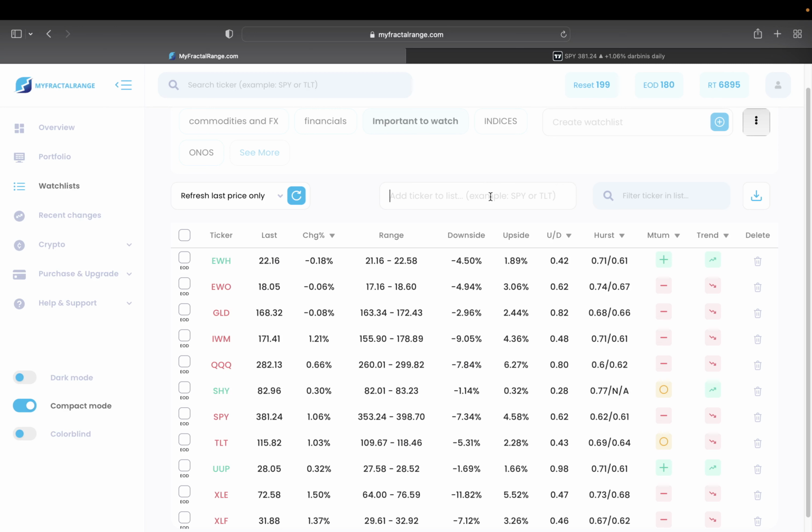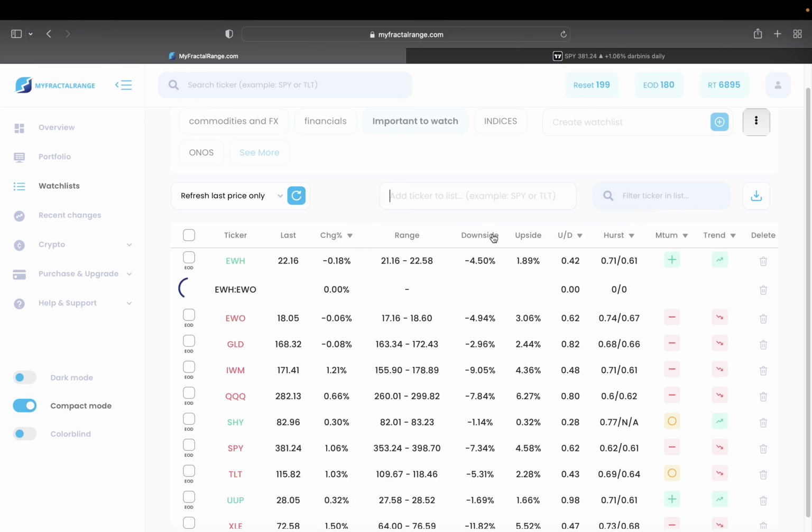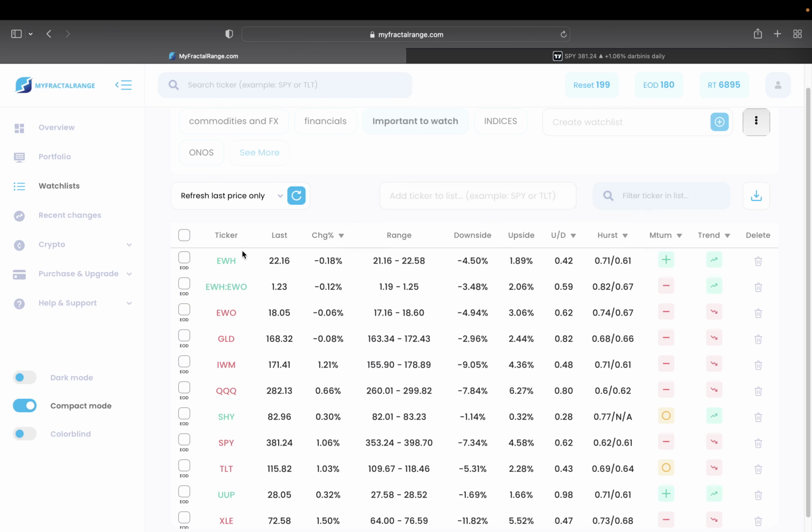So on my fractal range, you use a colon to create spreads. So EWH colon EWO. Let's click, press enter, and yeah, you can see that this spread is bullish. Currently, again, upside downside ratio is below 1, so don't expect it to go in a straight line. I never expect that because such an asset doesn't exist that goes up or down in a straight line.